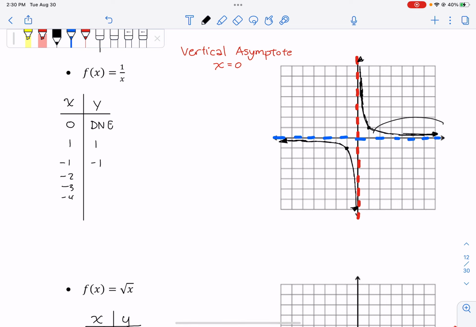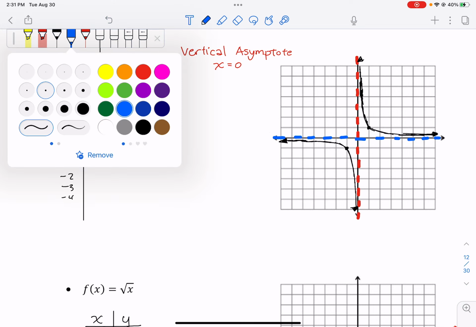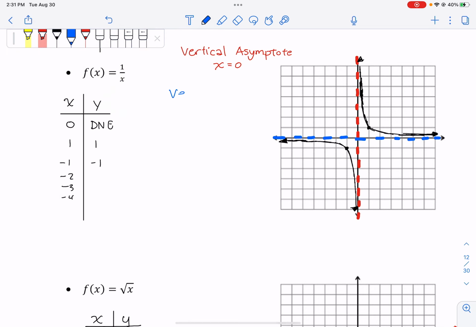So if we focus over here, if you plug in 10 million, 20 million, 300 billion, whatever, you'll never hit 0. Same thing if you plug in negative 10 million or whatever, you'll never hit 0 for the y value.